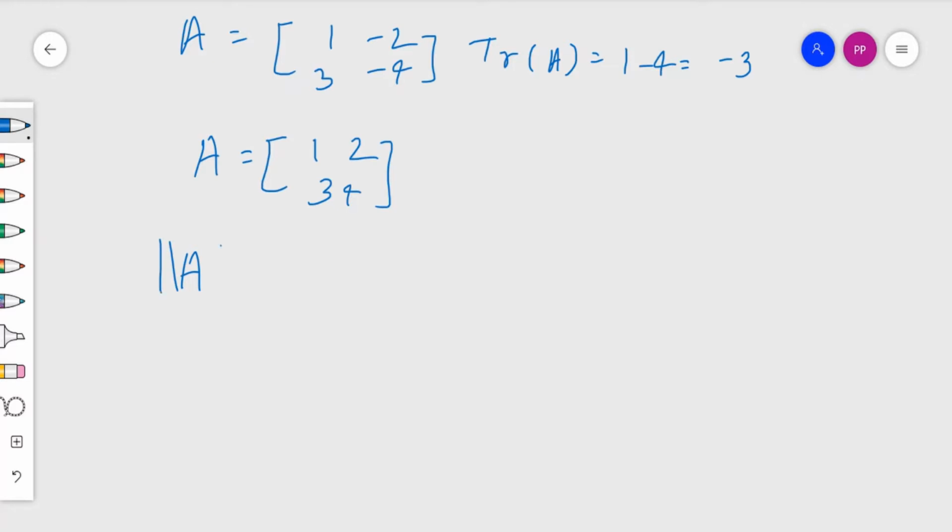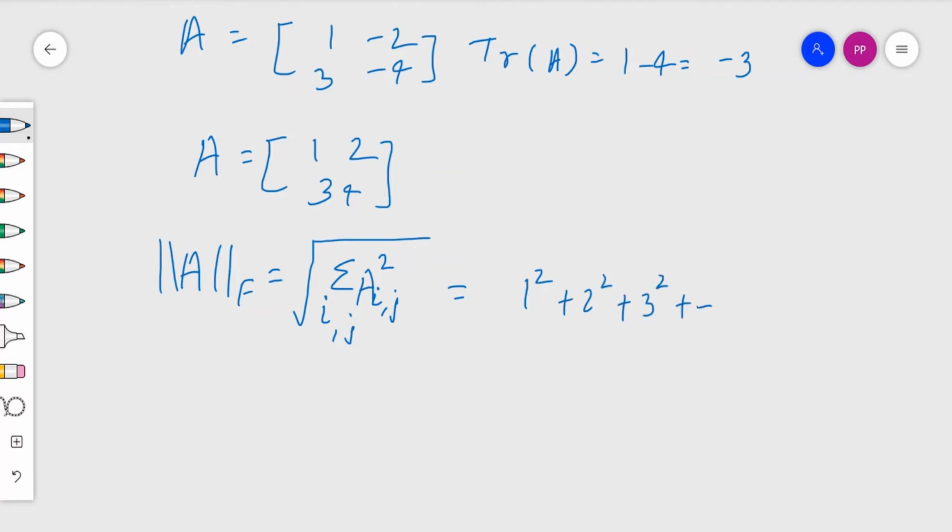If you can refer back to the previous video lecture, this is basically each element of the matrix squared, summed throughout the matrix, and then you take the square root of the sum. So here we have each element squared, 1 square plus 2 square plus 3 square plus 4 square, then we take the square root of it like this.